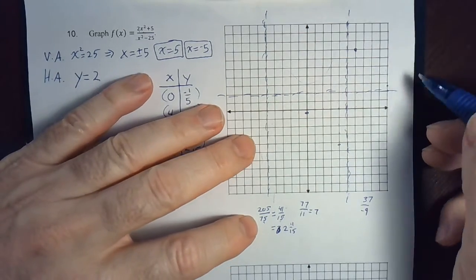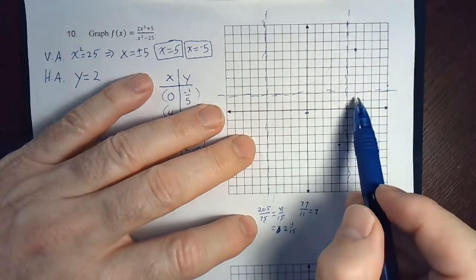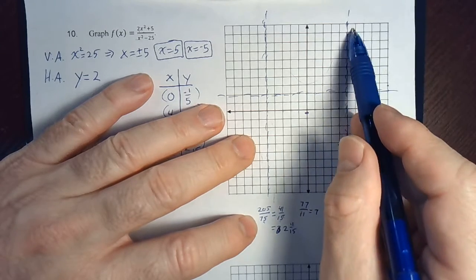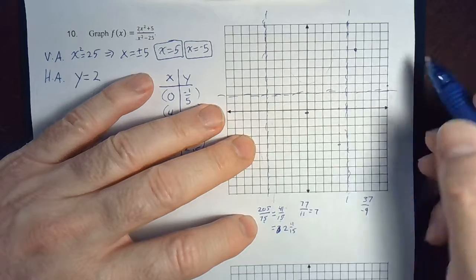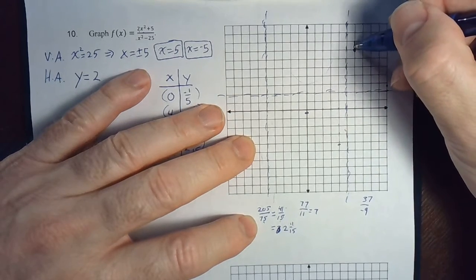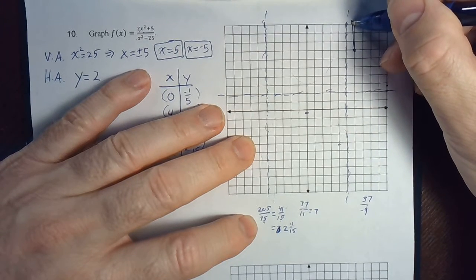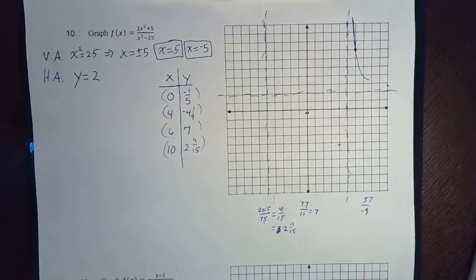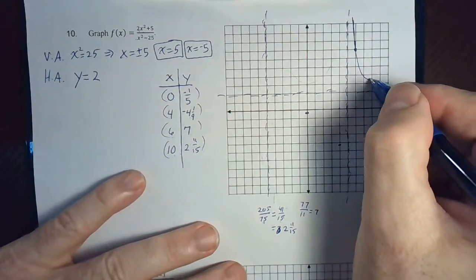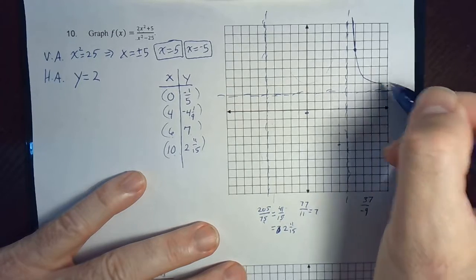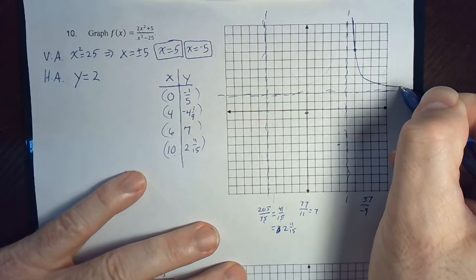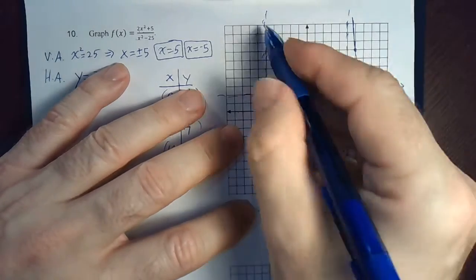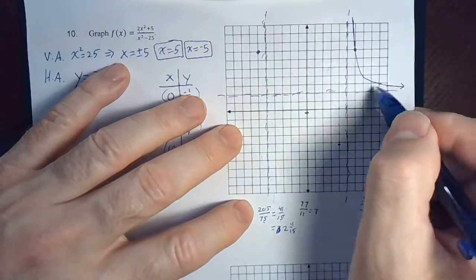So I already know now what's going on up here. This point and this point, it's just going to go like this. And it's going to hug this kind of as a wall. And then it's going to go here and hug the horizontal asymptote, kind of like a floor, like that. And now I'm going to go ahead and do the mirror images.